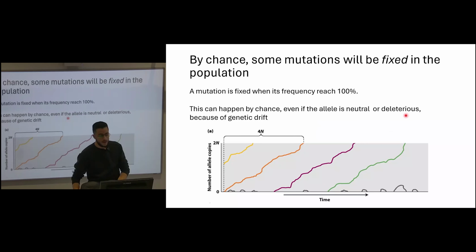But this happens for mutations that cause no problem to you, that are deleterious, or also because of genetic drift. So let's say, for example, for a reason, all the sickle cell anemic people move to Montreal, and then the others leave. So it seems like chance, but there's a reason behind this migration. So that will lead to those mutations being fixed at 100%.